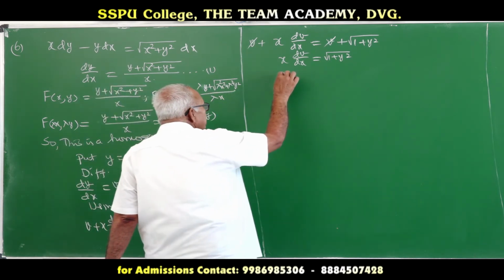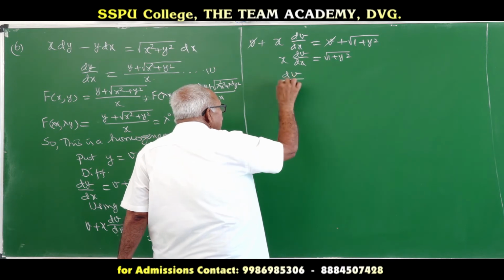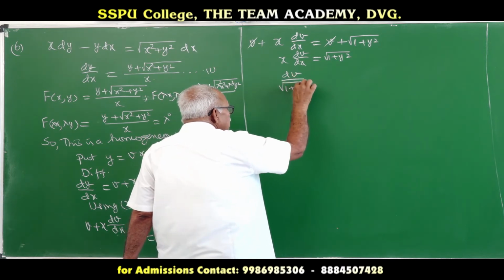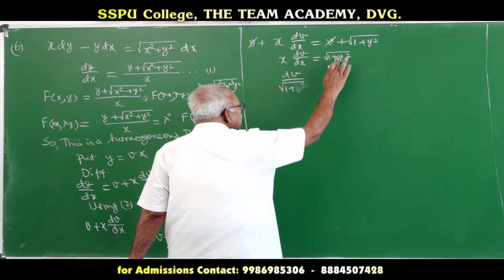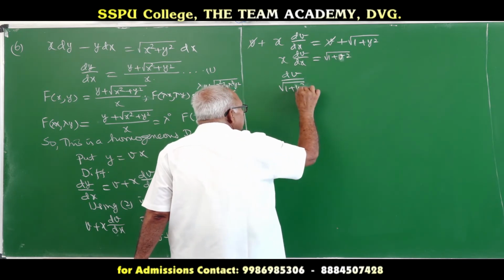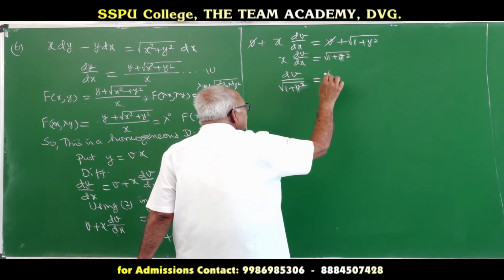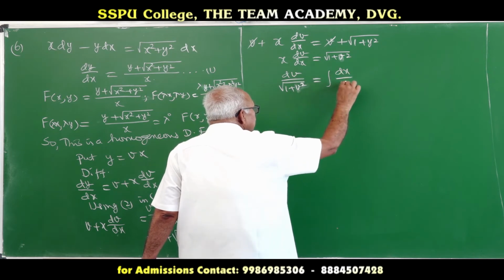Now separating the variables, dv by square root of 1 plus v square is equal to dx by x.